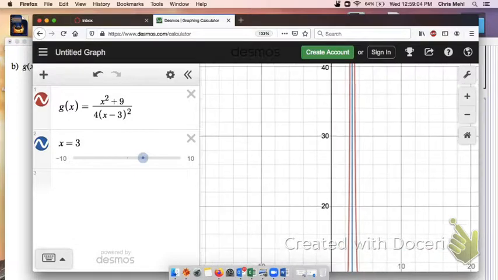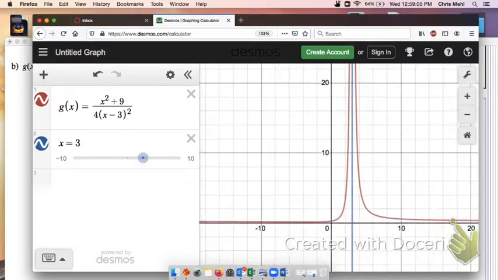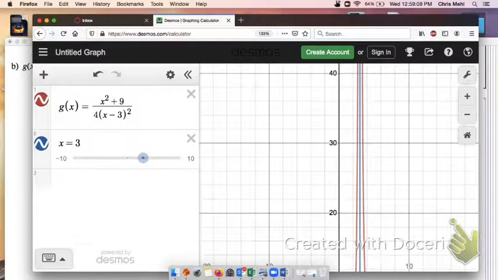You'll notice that to the right and left of 3, the graph of g of x is increasing. The closer and closer x gets to 3, the more and more the function values of g of x increase. So that's one way I know that it's a vertical asymptote graphically.